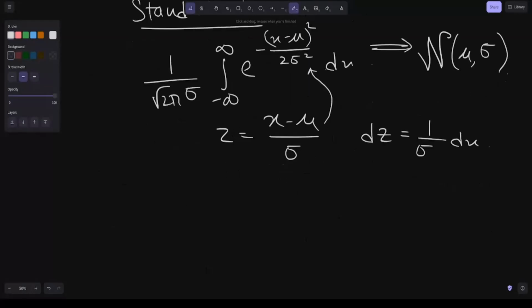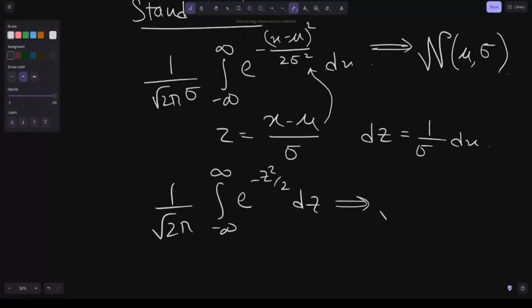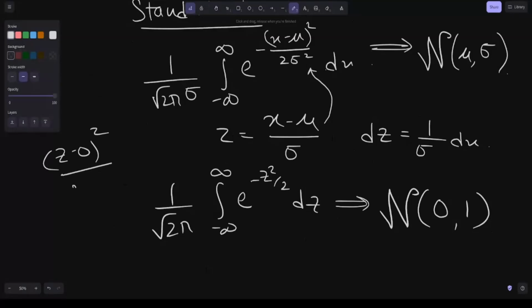So this becomes 1 by root 2 pi, integration from minus infinity to infinity, e to the power minus z square by 2 dz. So you can say this is nothing but normal, because you can write this as something like (z minus 0) whole square by 2 into 1 whole square, right? So this becomes my delta and this becomes my mu.